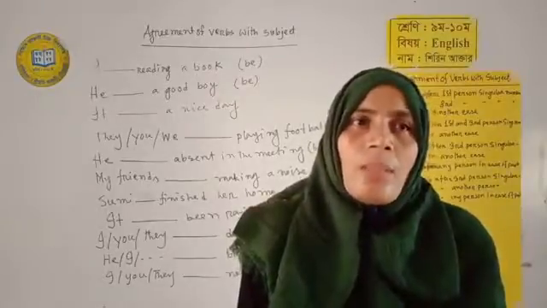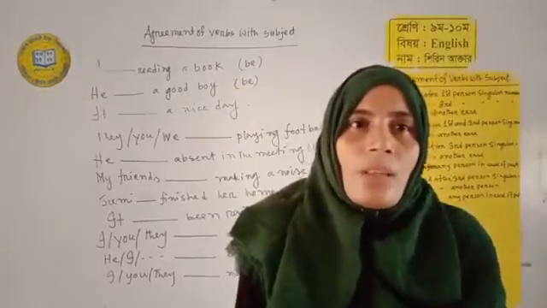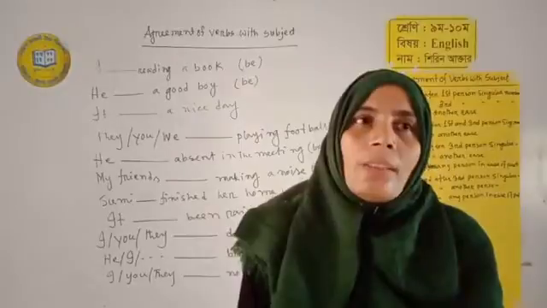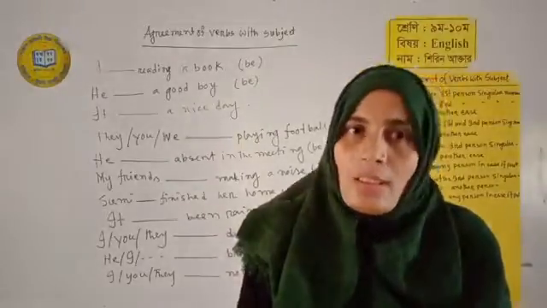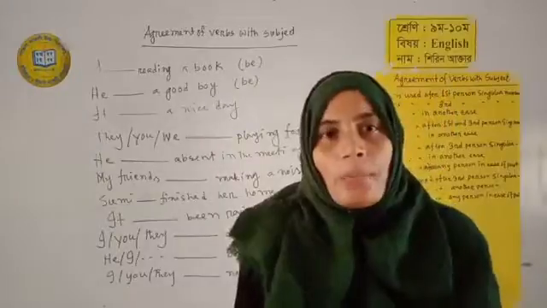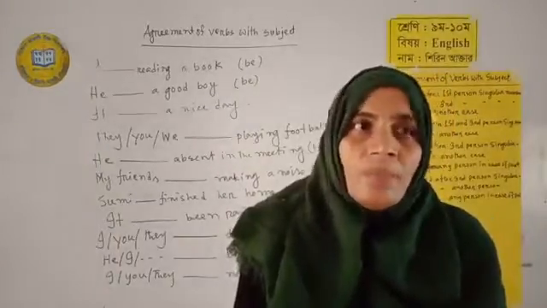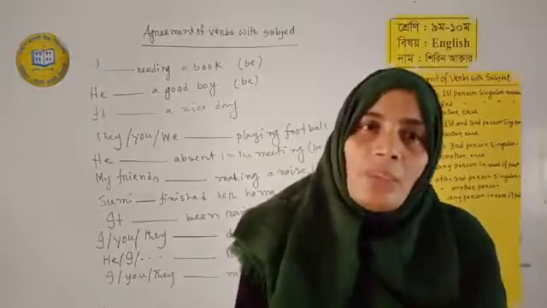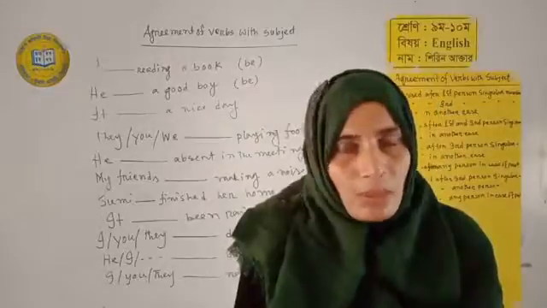That means sometimes if the subject is third person singular number and if it is present indefinite tense, then s or es is added with verb. Again, different kinds of auxiliary verb is used according to the number and person of this subject.